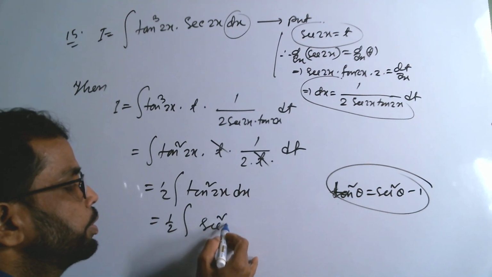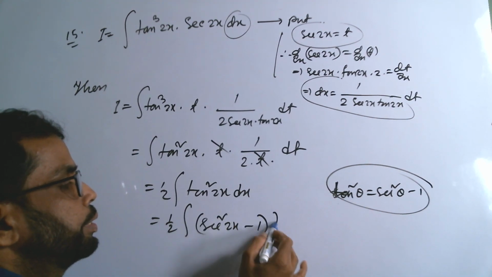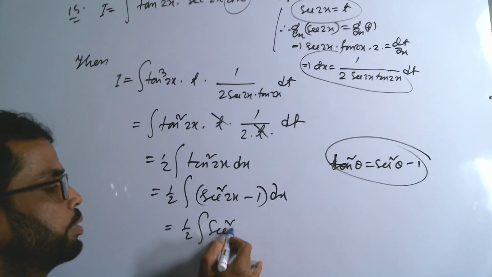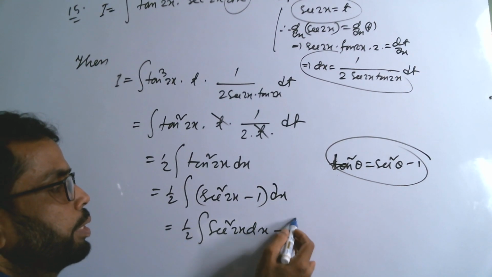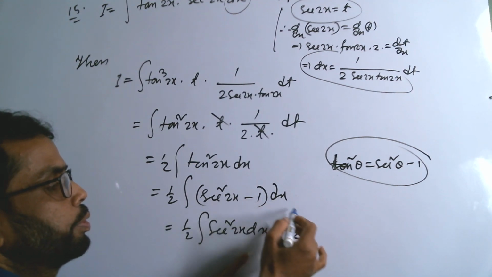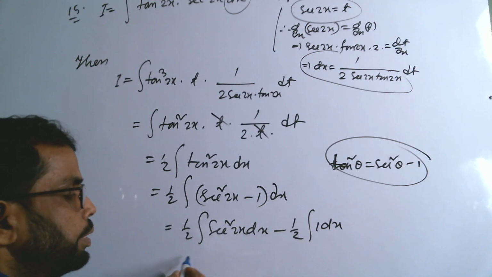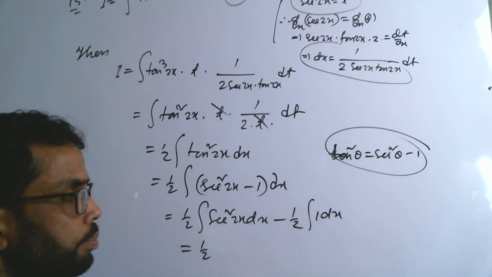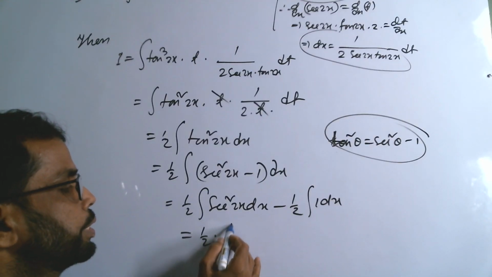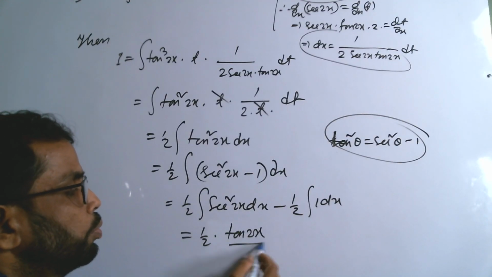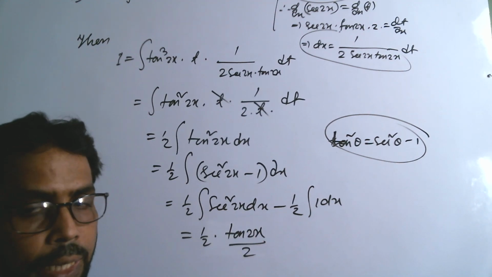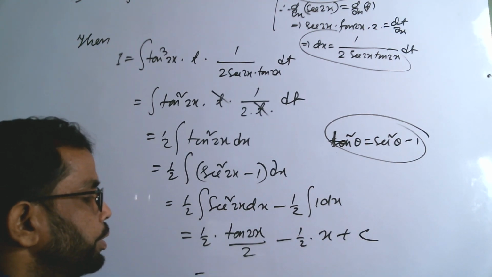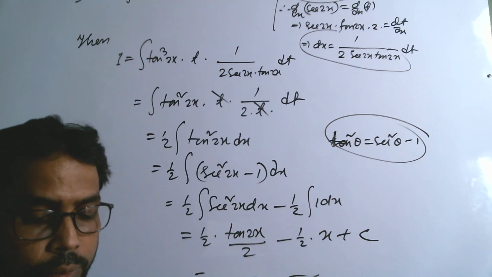So it is sec square 2x minus 1 dx, and then separate: 1 by 2 into integration of sec square 2x dx minus 1 by 2 into integration of 1 dx. Now this is the basic integration formula: the integration of sec square is tan, and we should divide by the coefficient of x. The integration of dx is x plus constant, and this is the solution.